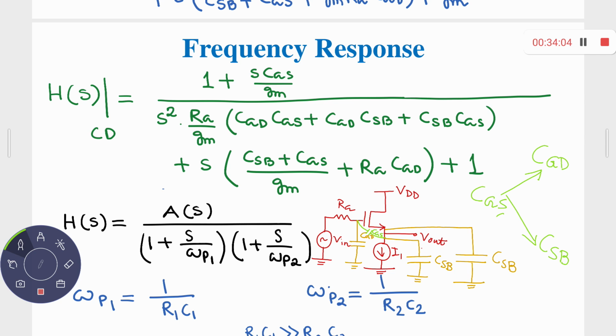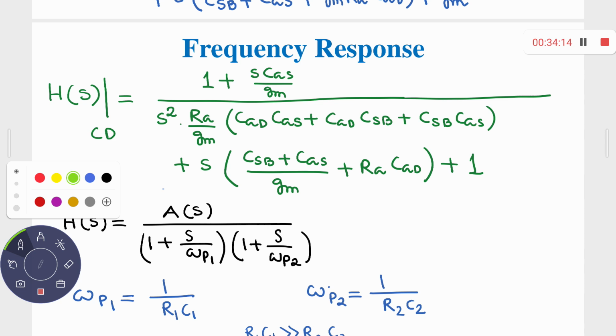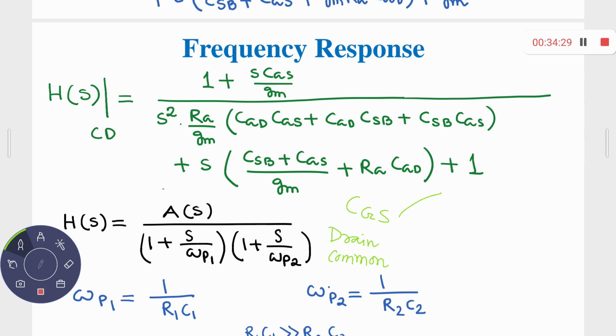There should be one reference terminal. For common drain, your reference terminal was drain. And the capacitor which is experiencing the Miller effect was CGS, right? Drain is a reference terminal, common. So I have to segregate this into CGD, gate to drain, and already you have one capacitor there between gate and drain.